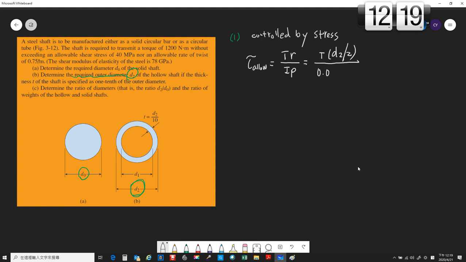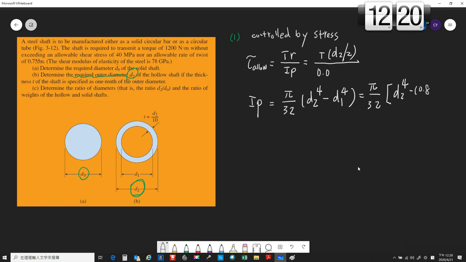Before this, you need to calculate IP first, because from the given condition you can get IP. Remember in the previous video for the hollow bar, this is the equation to calculate IP. It's equal to pi over 32 times D2 to the fourth, minus D1 to the fourth.